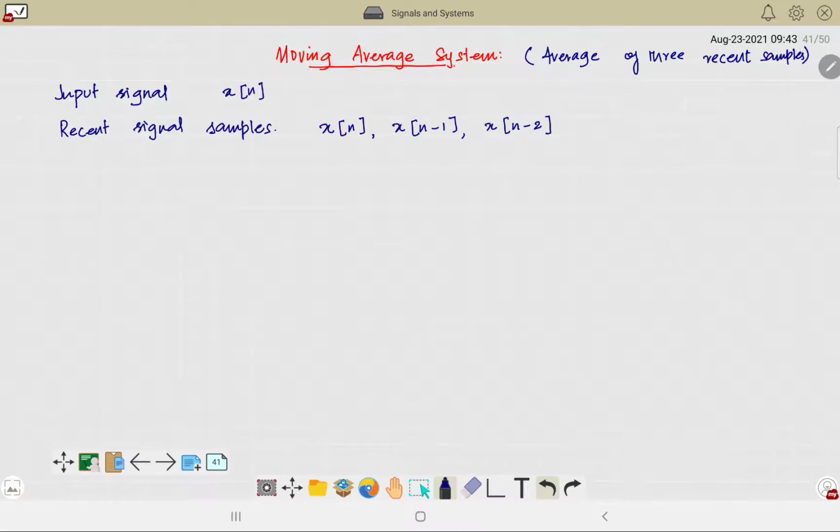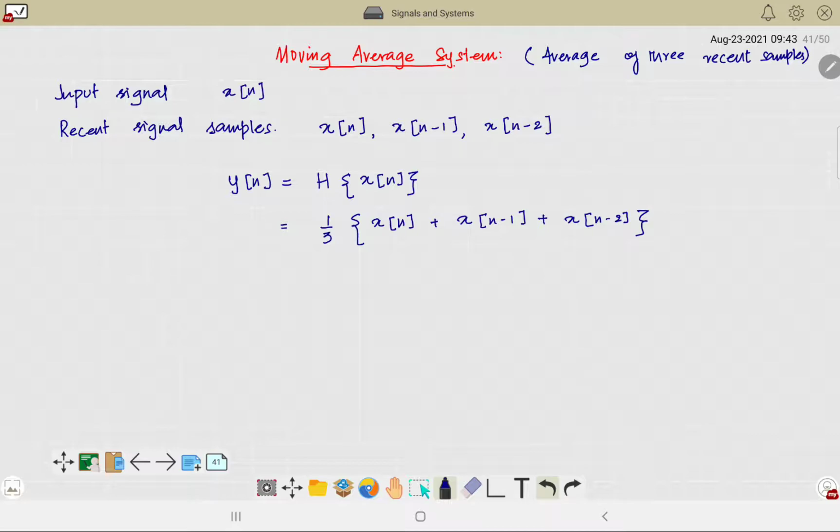Mathematically it will be y of n, some transformation h that takes place on my input signal x of n in general form. Explicitly, the transformation averages out the three recent samples: x of n, x of n minus 1, then x of n minus 2.